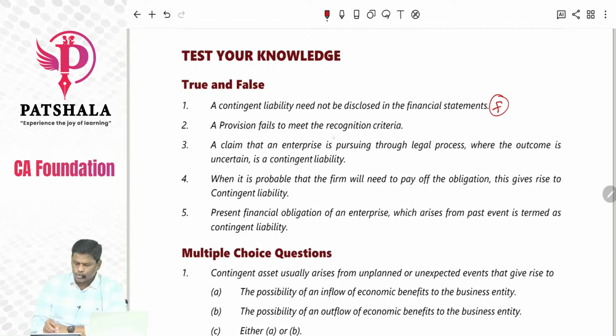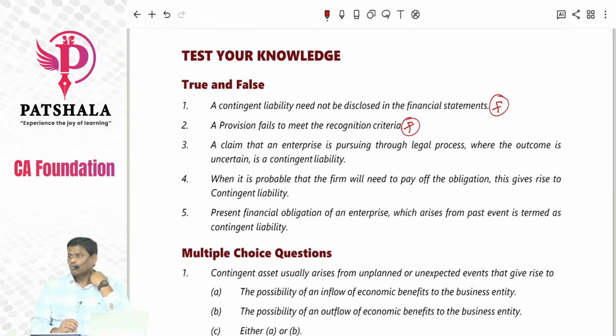A provision fails to meet the recognition criteria. False. A claim that an enterprise is pursuing through a legal process where the outcome is uncertain is a contingent liability. Outcome uncertain means what may or may not happen.